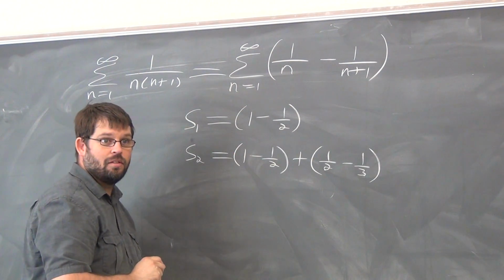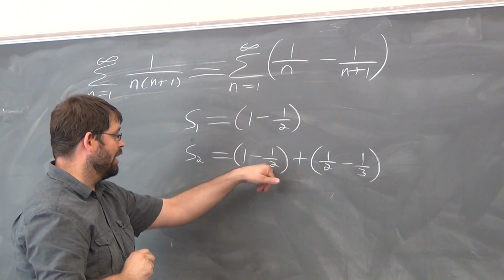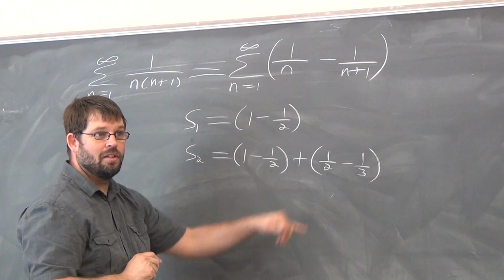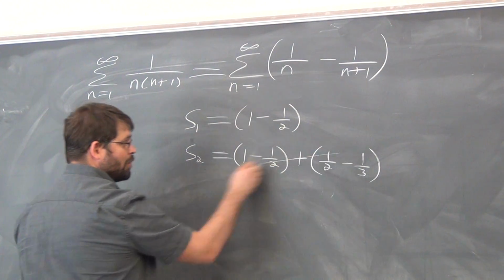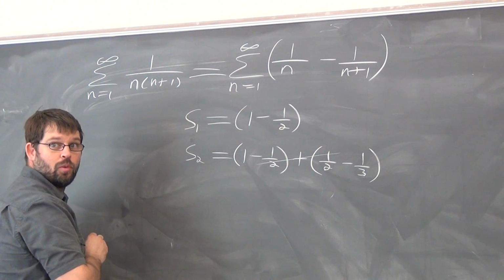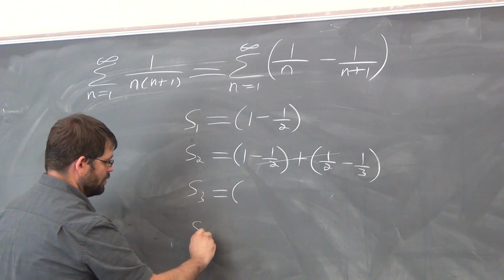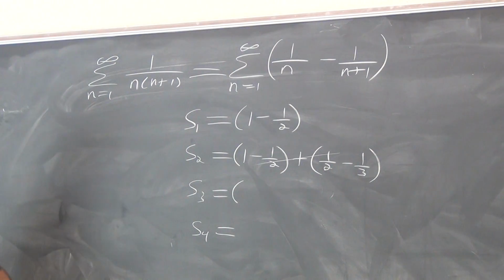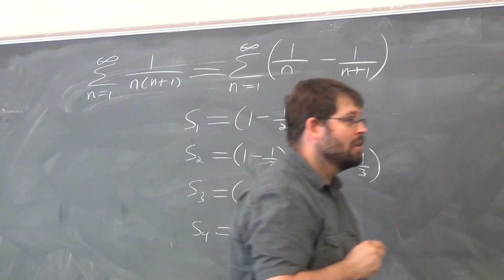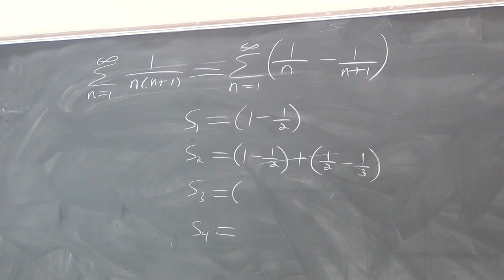You plug 1 in, you get that, and then you plug 2 in, you get this. And now those middle terms cancel, and so you're left with 1 minus 1/3. Do it with the next 2. It might be overkill, but see what all cancels out and what you're left with after you cancel out the appropriate things.